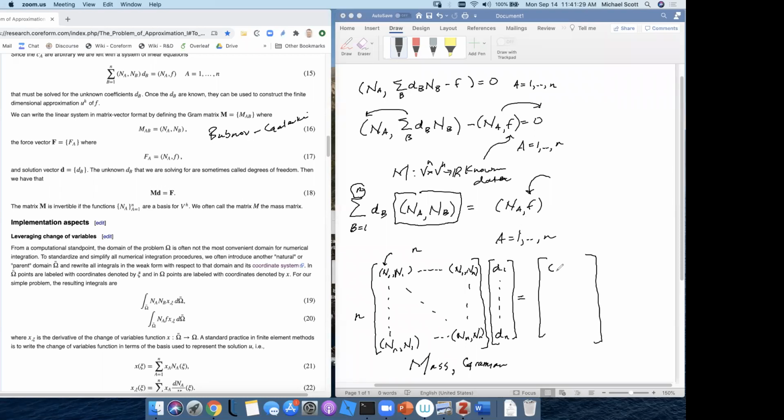So this guy would be N1F, and then this is NF. What do we sometimes call this vector? Anybody know offhand? The force vector. Yep, we call that the force vector.